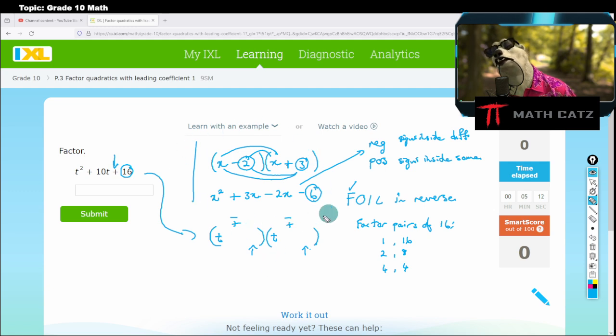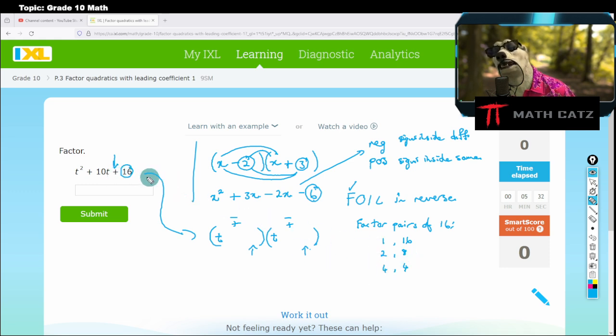So again, just by understanding the simplification and the foiling, I can decipher a lot from looking at the final result. That the t squared tells me to start with a t in both. The 16 tells me to end with a factor pair of 16. Not sure which one yet.